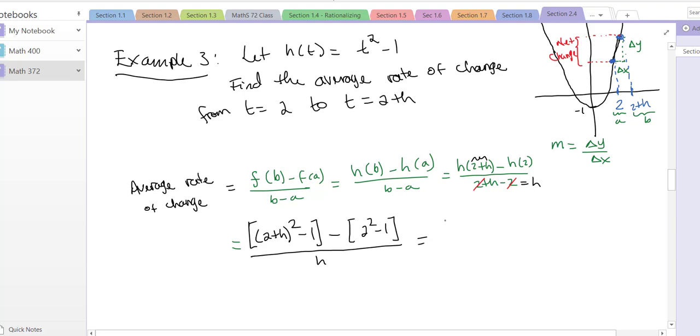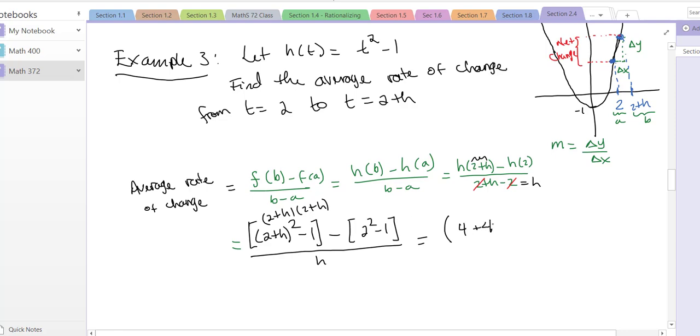So I'm going to change it to parentheses now because the inside parentheses, I'm going to multiply it all out. So 2 plus h squared is 2 plus h times 2 plus h. Don't forget to FOIL here because you will have middle terms, right? So 2 times 2 is 4. 2 times h is 2h, plus another 2 times h.